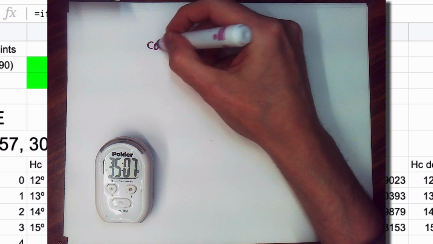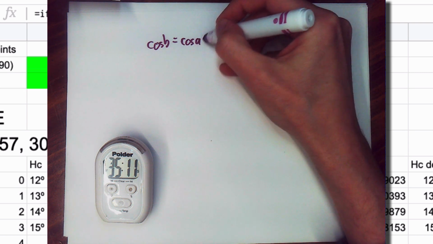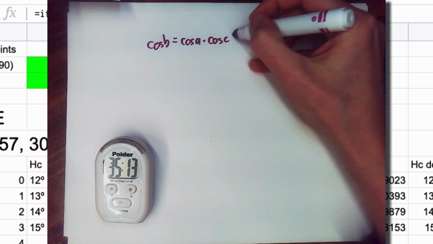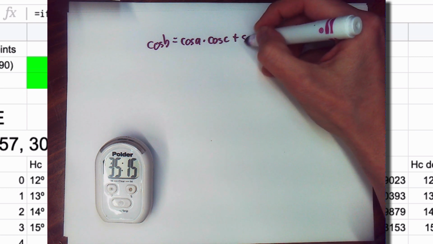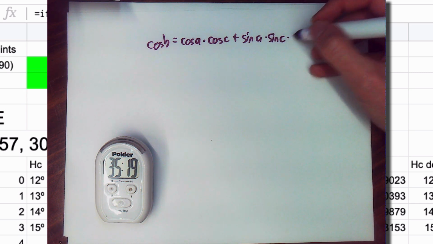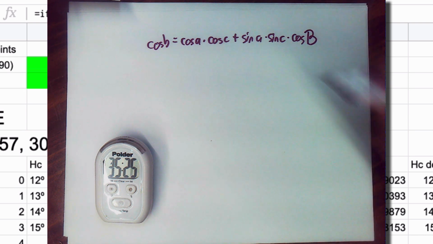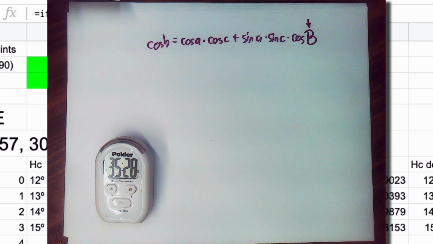So we have cosine of b equals the cosine of a times cosine of c plus sine A sine C times the cosine of B. So we need to solve for that angle, and then translate it into what we have in our spreadsheet.